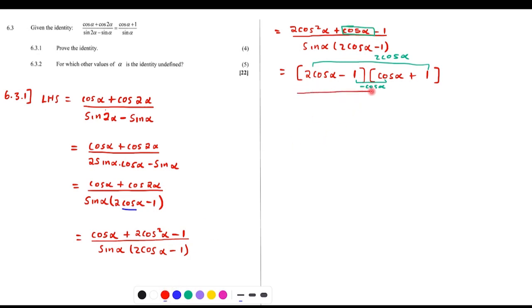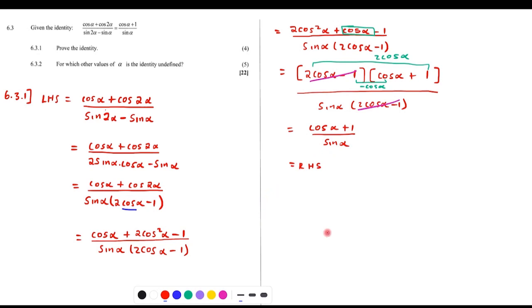Alright, and then I'm going to say over, and then here I have my sine alpha into 2 cos alpha minus 1. Then as you can see here, we have this and that cancelling out, and then I'm left with cos alpha plus 1 at the top, while I have sine alpha at the bottom, right? Now as you can see here, this is the same as the right hand side, right?